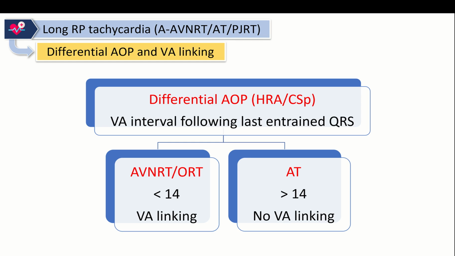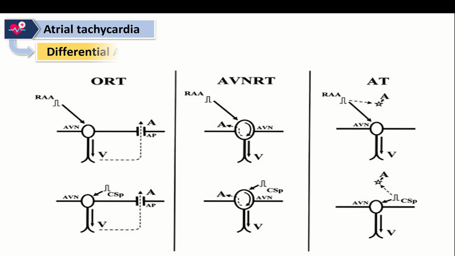AVNRT and AVRT are likely. However, if no VA linking, VA interval more than 14 milliseconds when I pace from different sides, I'm dealing with atrial tachycardia. And this is the concept when I illustrate the differential overdrive pacing: there is VA linking in orthodromic reciprocating tachycardia and AVNRT.